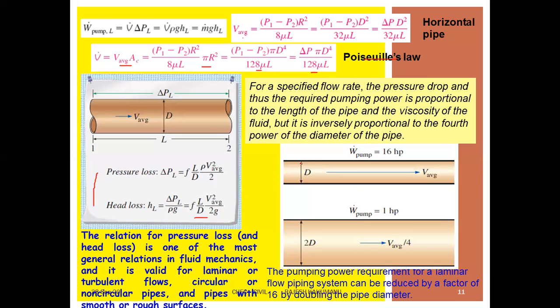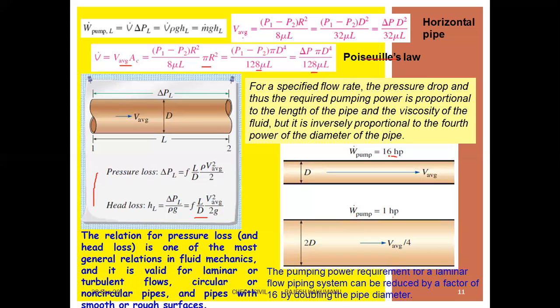Whenever you are taking a pipe for a specified flow rate, the pressure drop and thus the required pumping power is proportional to the length of the pipe and the viscosity of the fluid, but it is inversely proportional to the fourth power of the diameter of the pipe. Therefore, for diameter D, if the pump is 16 horsepower with the average flow velocity, then with a diameter of 2D the pump needs 1 HP, so it is reduced by 16 times, right?